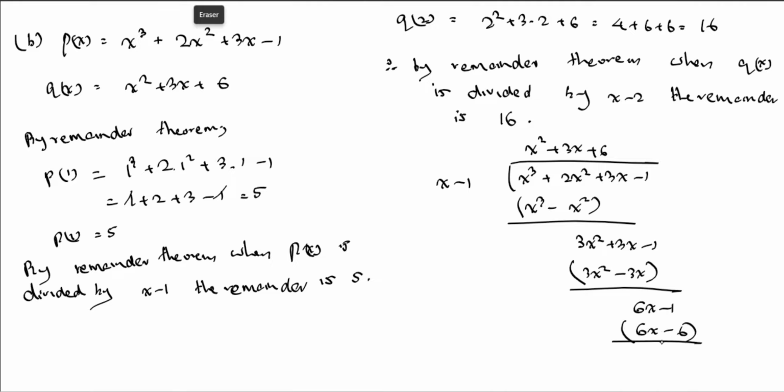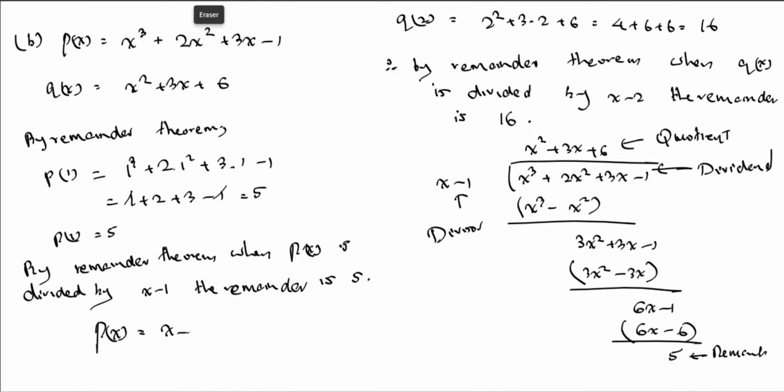So minus 6 will become plus 6, and plus 6 minus 1 is 5. This is the quotient, this is the dividend, this is the divisor, and this is the remainder. So you can write p(x) as (x minus 1) times this quotient, which is equal to q(x), plus 5. Verified.